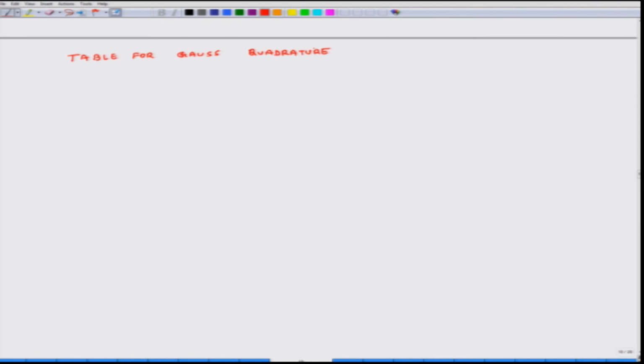Table for Gauss quadrature. So, zeta values vary between what limits? Zeta is from -1 to 1, okay, R, and these are weights. So first case will be R is equal to 1. If R is equal to 1, it is essentially a constant, right?